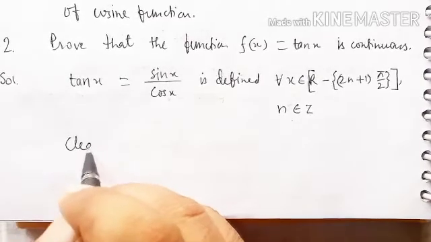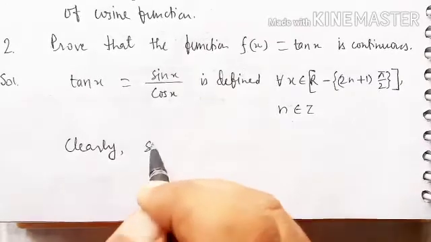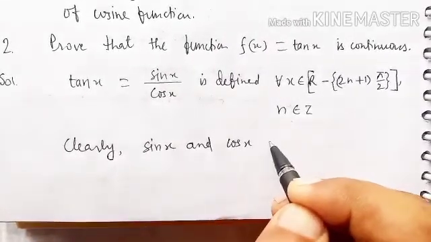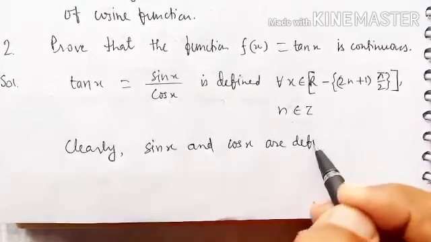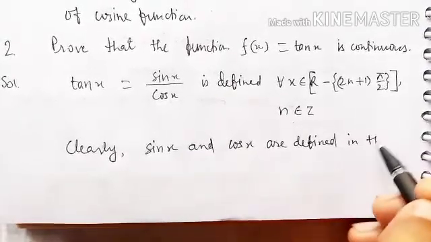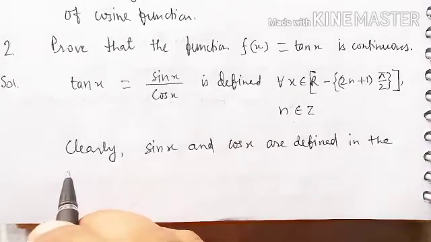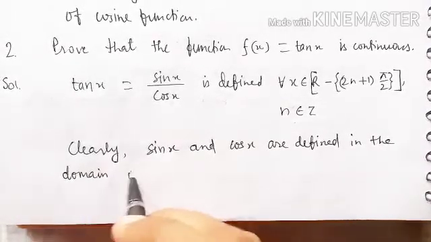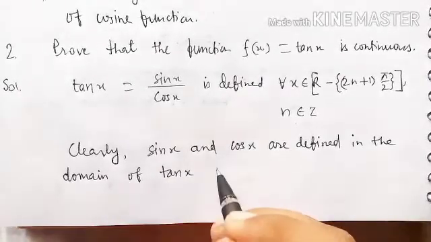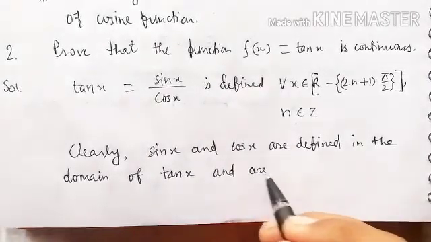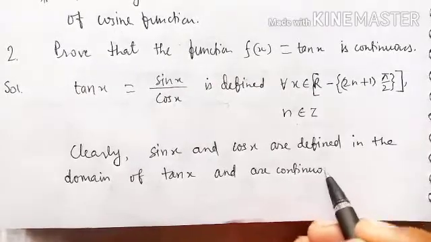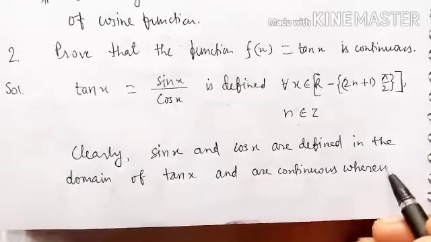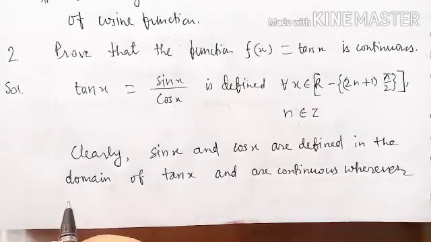Clearly, sin x and cos x are defined in the domain of tan x and are continuous wherever defined.